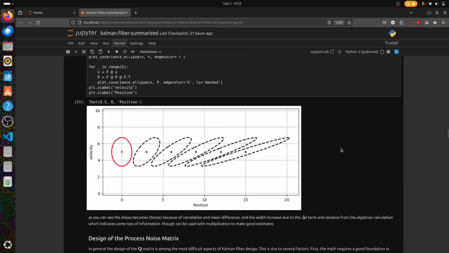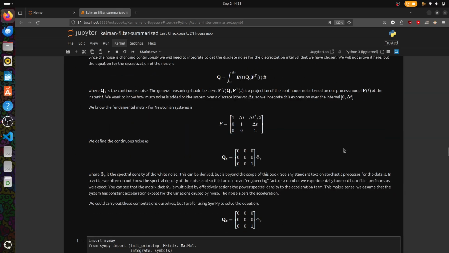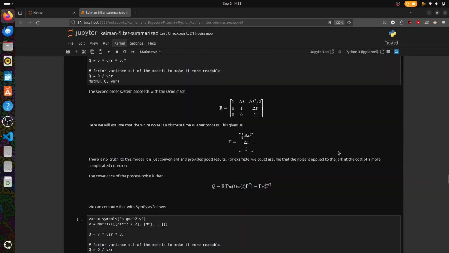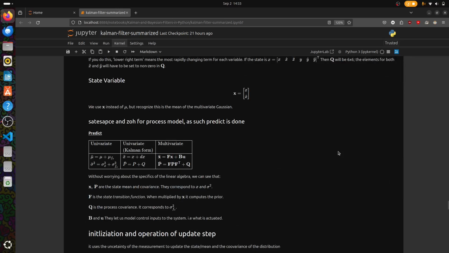So how does this work? It works with the update and predict step, and we actually start off with the predict step. By the way, refer to the multivariate table, because that's what we are using. What it does in the first equation is our model.